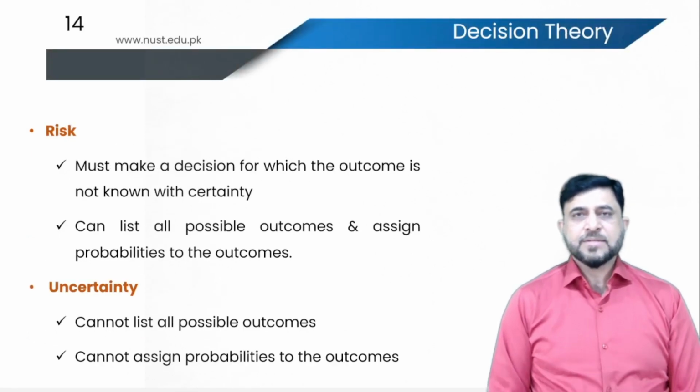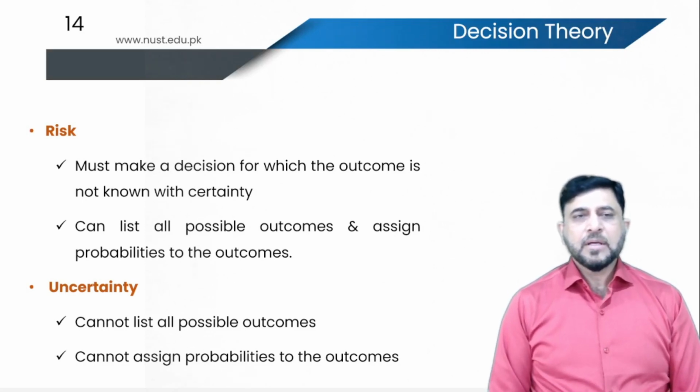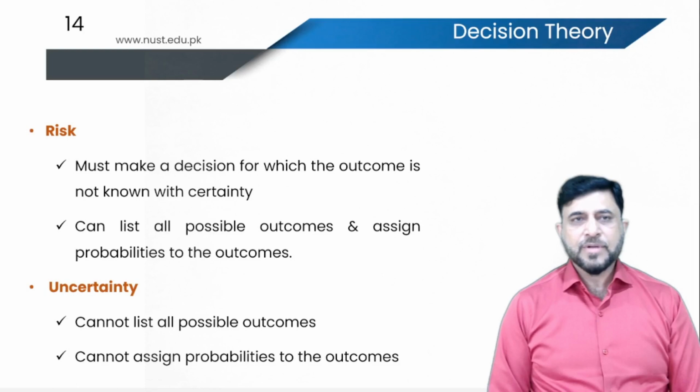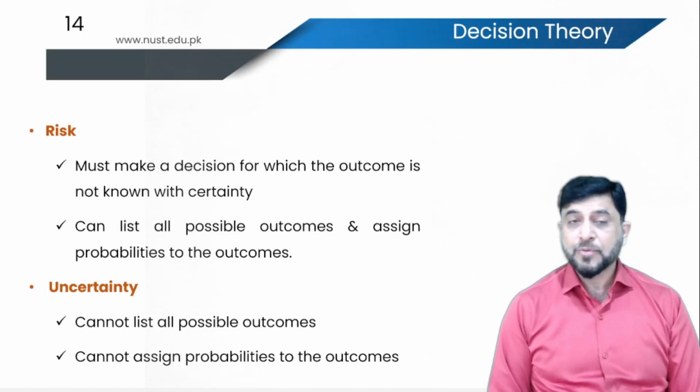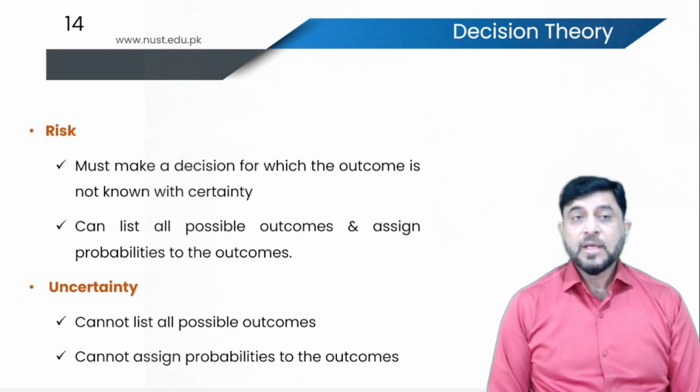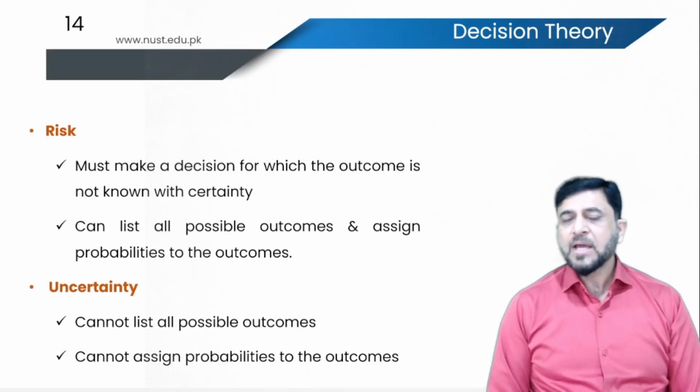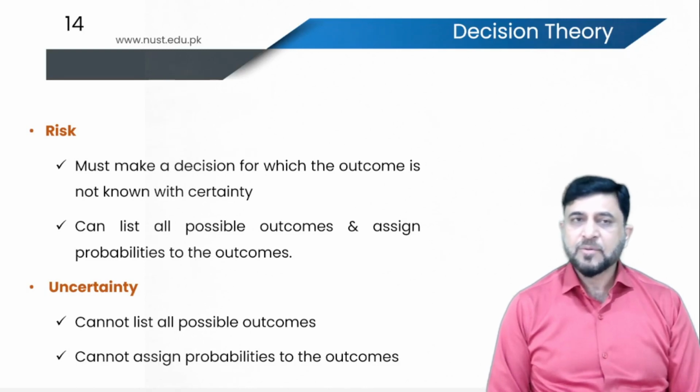Okay, what is next? If we are working under the environment of risk, we must have a decision for which the outcome is not known with certainty, right? We can list all possible outcomes and assign probabilities to the outcomes. So when we are dealing with a problem with risk, we have to assign certain probabilities to all of the alternatives.